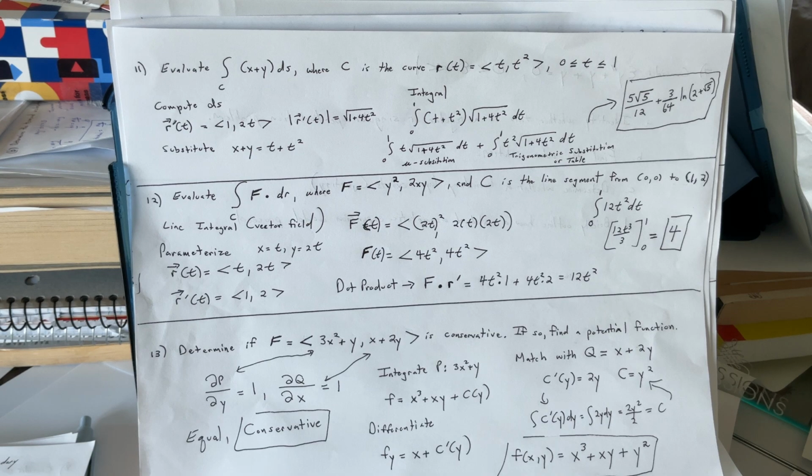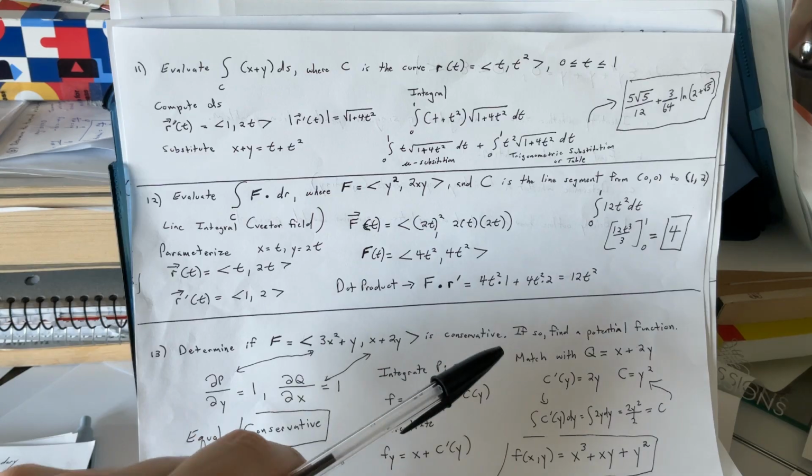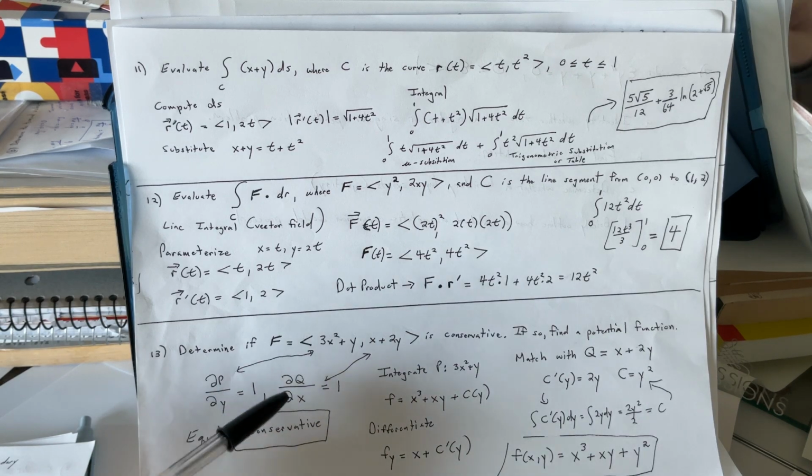Number 13. Determine if F equals (3x squared plus y, x plus 2y) is conservative. If so, find a potential function. These pop up a lot on Vector Calculus exams. The first thing you want to do is take the partials with respect to y and x.